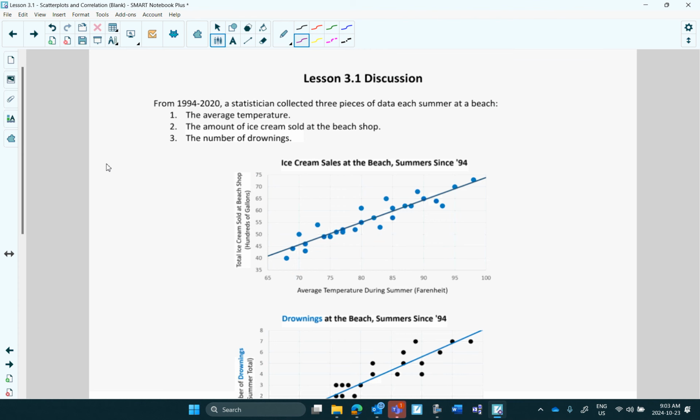Not pleasant. And he looked at 2 relationships: the average temperature and the number of ice cream sales. We would expect that to probably be a fairly strong positive relationship. If the temperature is warm, a lot of people are going to be at the beach, which means a lot of people are going to be buying ice cream.